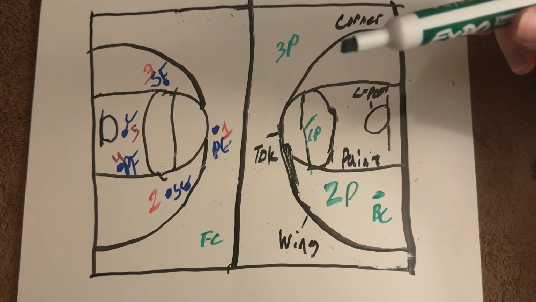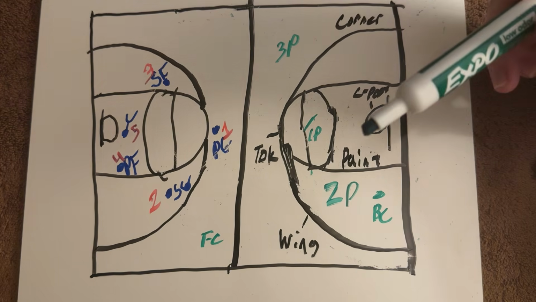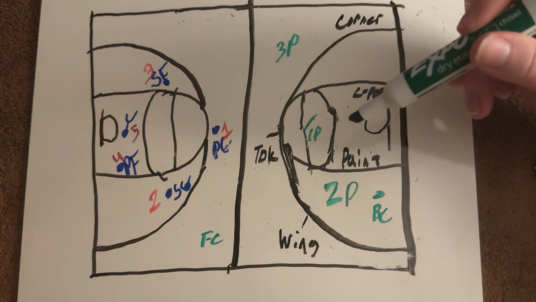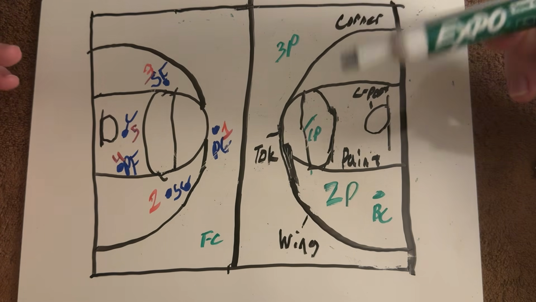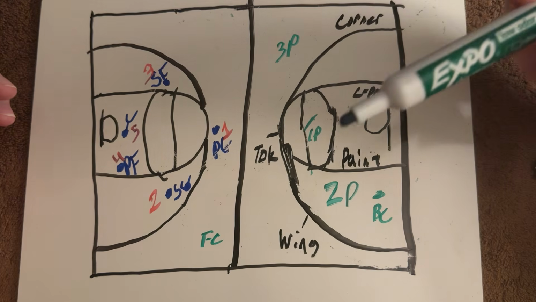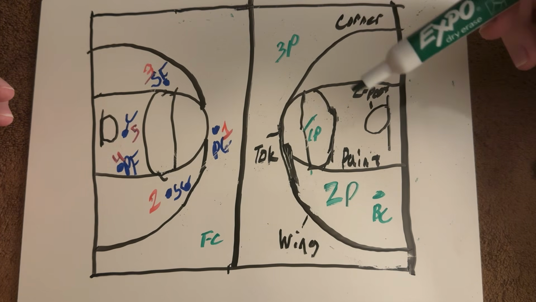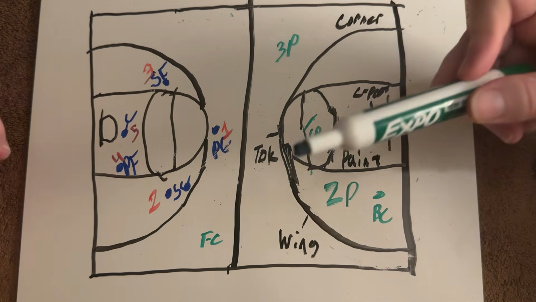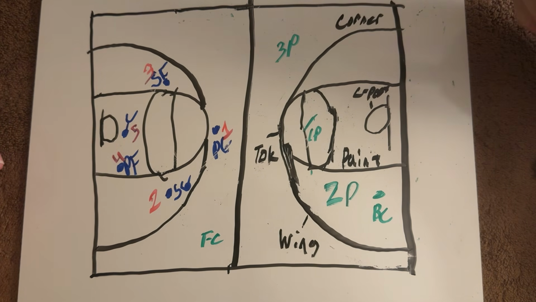It happens pretty much every drive. It just depends on who the refs are and who wants to call it. But a shooting foul is just any time that a defensive player is interfering with an offensive player's shot. Most commonly, what you'll see is a player might hook underneath the shoulder, or a player might slap the wrist of a player that's going for a shot, which is illegal.